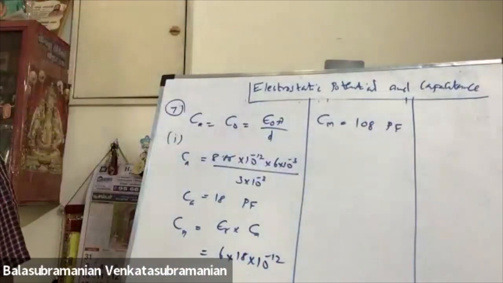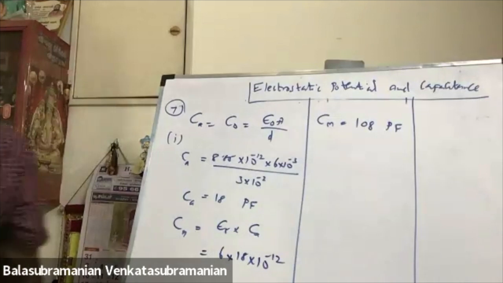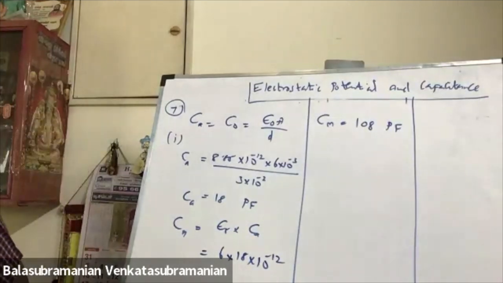Now the question is, while the voltage supply remains connected, what will happen to the capacitance? If the dielectric is inserted between the plates, what would happen when the voltage supply remains connected, and after the supply is disconnected?